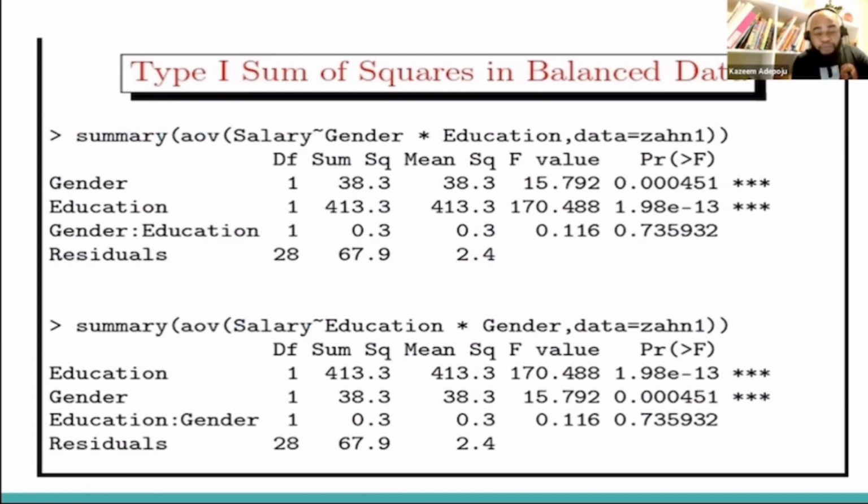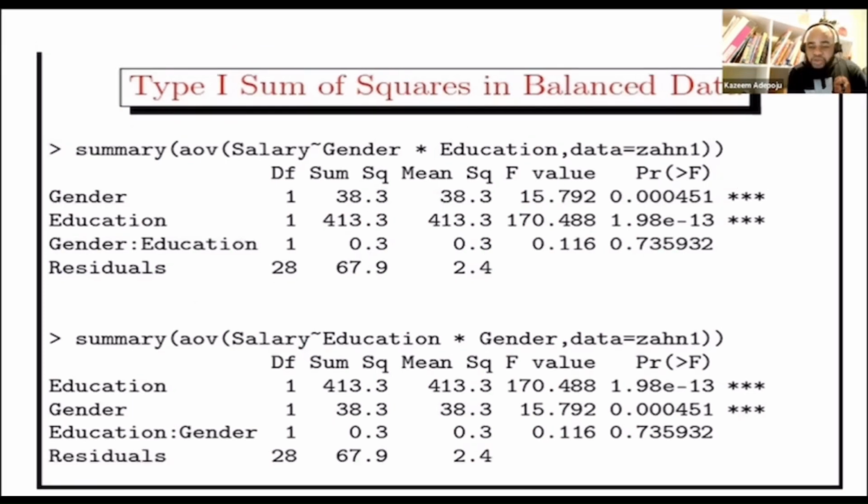When I use type 1 sum of squares for balanced data, whether I use gender as factor A or I use education as factor A, it doesn't matter, because with balanced data, of course, the result is not going to change.